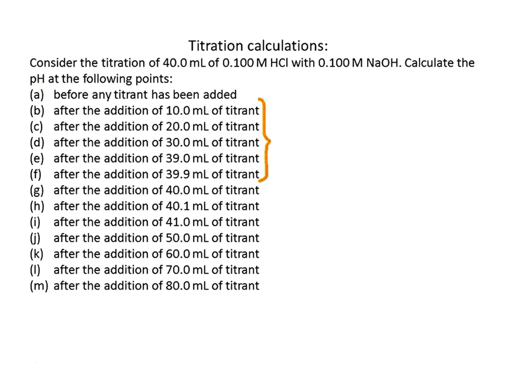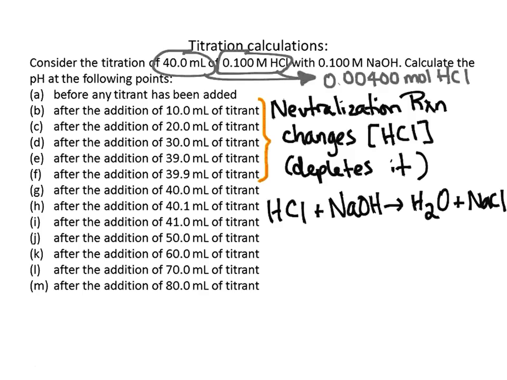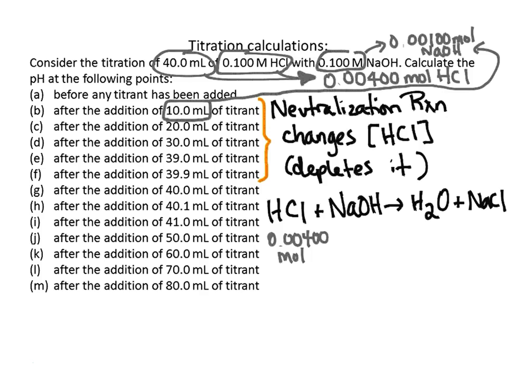For all of these values, B through F, there's a neutralization reaction that depletes the hydrochloric acid concentration. So you have to start with some initial amount of moles of HCl. For example, part B: if we've added 10 milliliters of titrant, that's 10 milliliters of 0.1 molar, which is 0.001 moles, or 1 millimole.